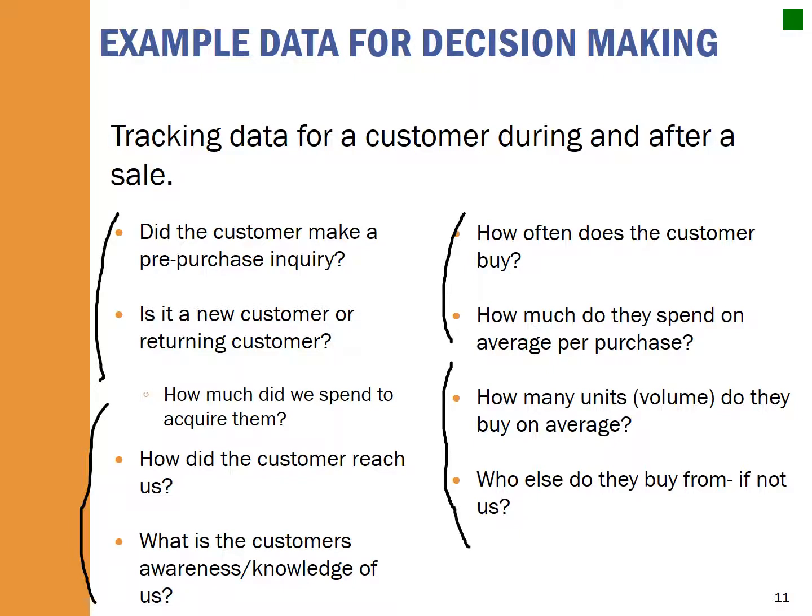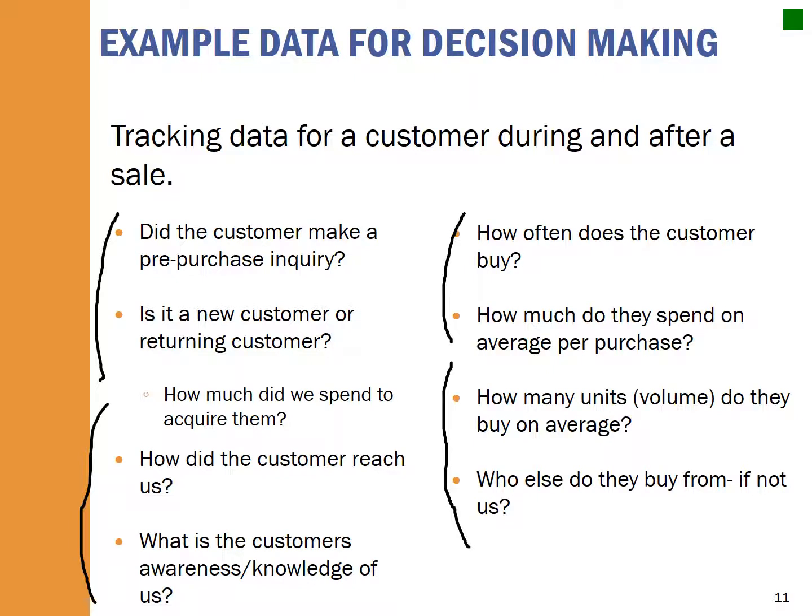We ask things like where the customer came from, whether they had any points of contact with us in the past, how much did they spend with us, how did the customer come to us? Did they come to us from another website, did they come to us from just walking in off the street, did they come to us because we reached out to them and pushed them like an advertisement?